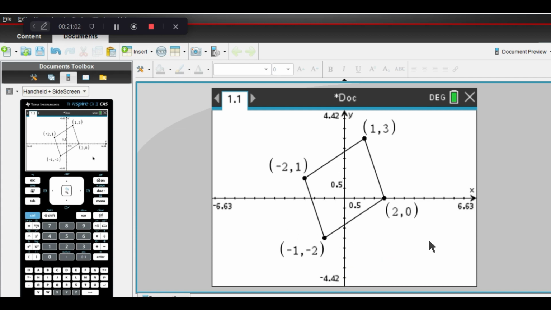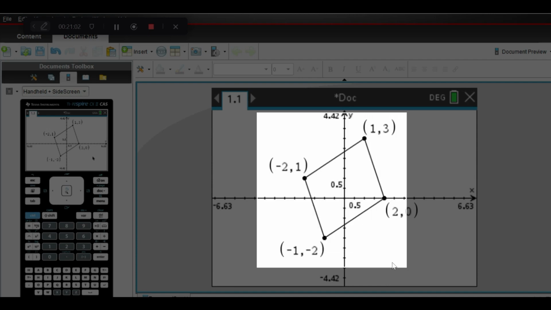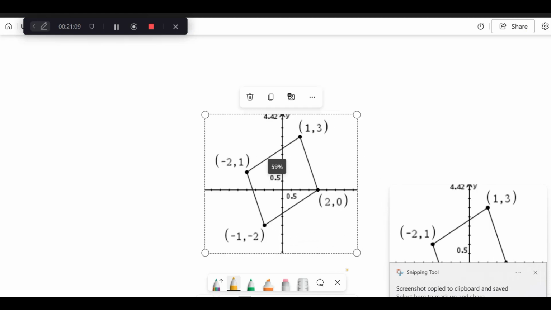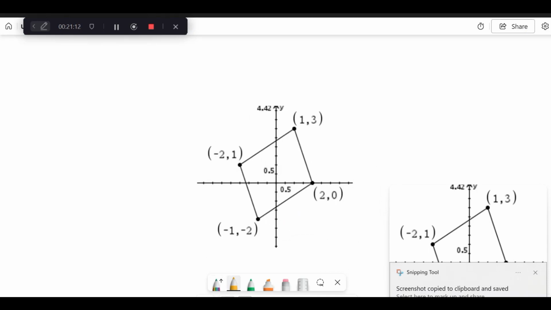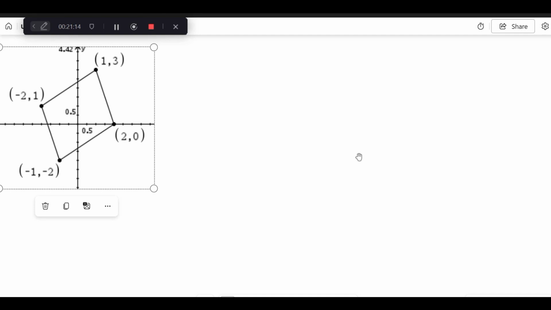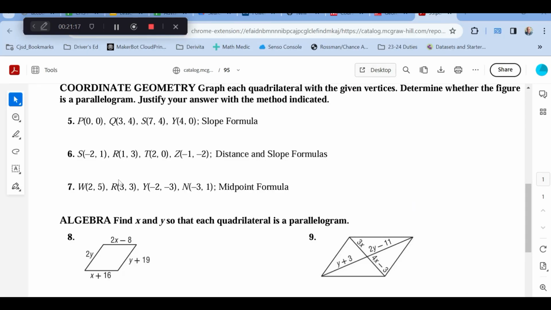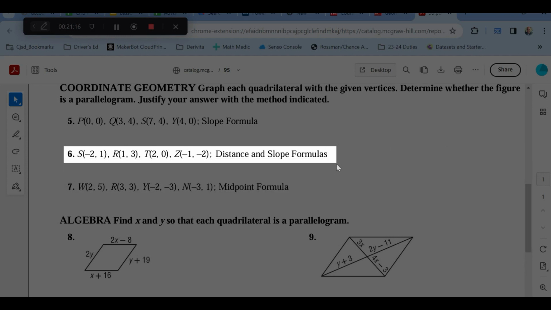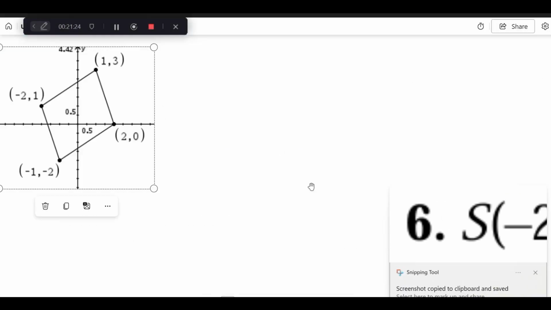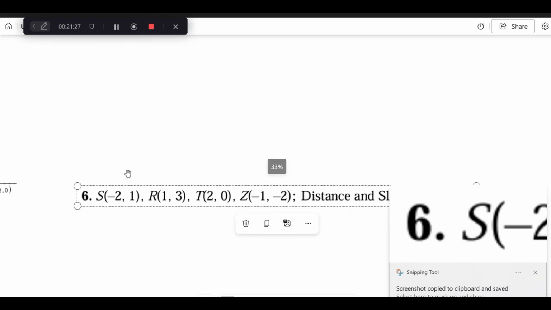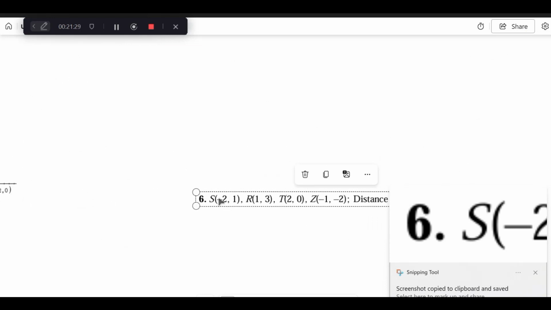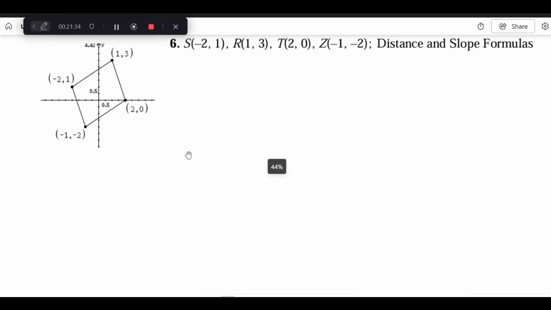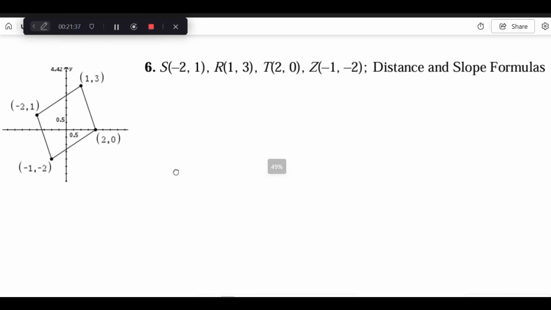Okay. Grab this image here. Okay. So I've got that image, and then I was given this problem here, right? It's telling me to use the distance and the slope formula. So we're going to use the distance and the slope formula here.